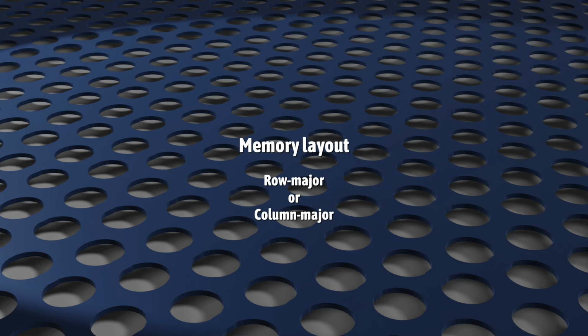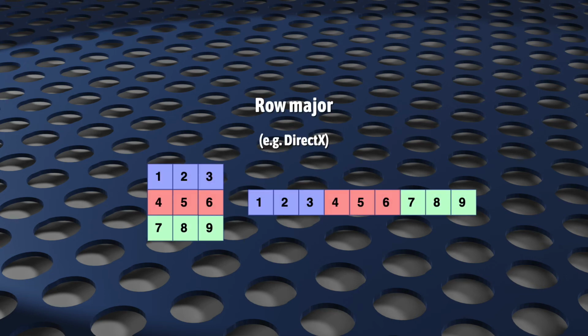The first thing is that there's disagreement in the 3D world about how matrices are best laid out in memory. Some APIs, like DirectX, choose a method called row major, where matrix values are laid out like this. I don't have a horse in this race, but many have argued that this layout is very intuitive.